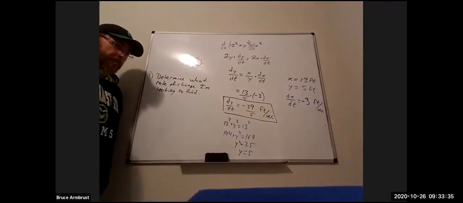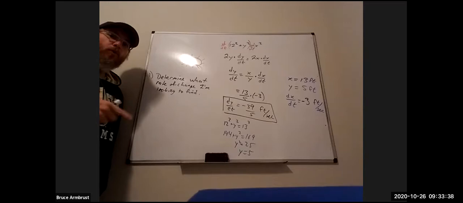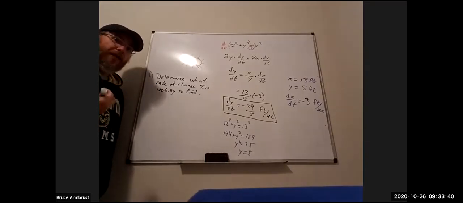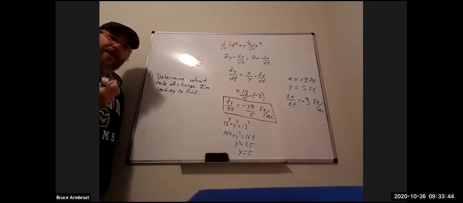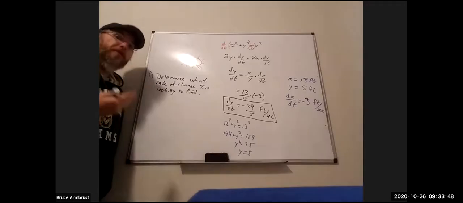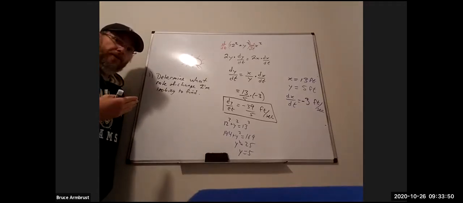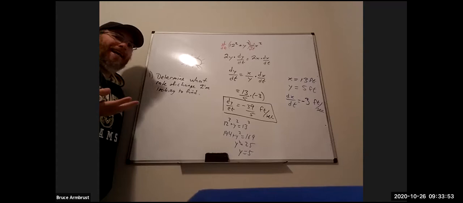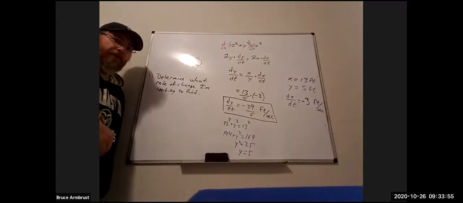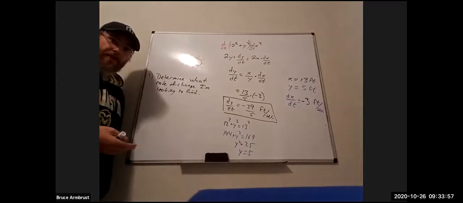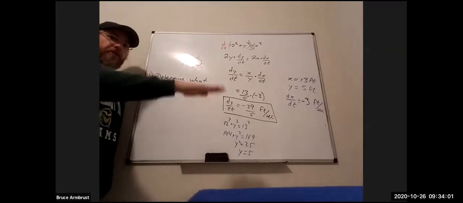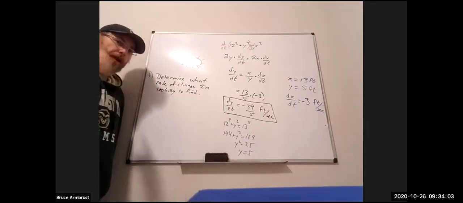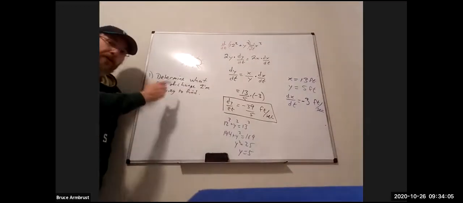So read the question and determine what rate of change we need to find. What is that quantity that we're looking for? Like in this case, it was the speed of the boat. When it was the pile of sand, it was the change in the height. When it was the bird flying over us, it was the change in the angle. But always figure out what is the thing that you're trying to find.